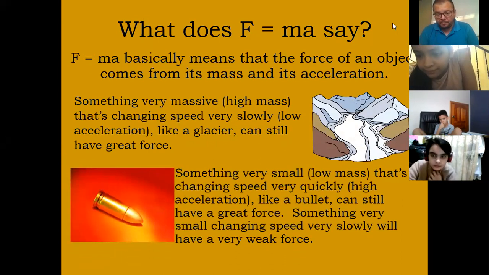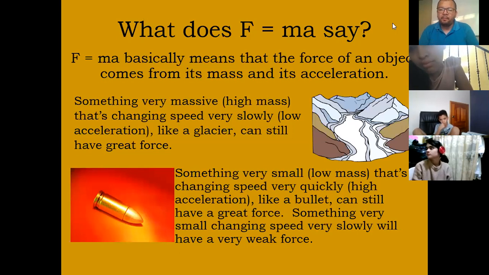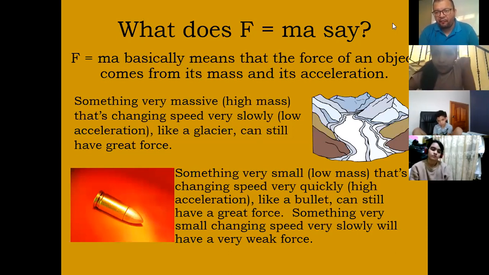Something very small or low mass, thus changing speed very quickly, high acceleration, like a bullet, can still have a great force. Something very small changing speed very slowly will have a very weak force.